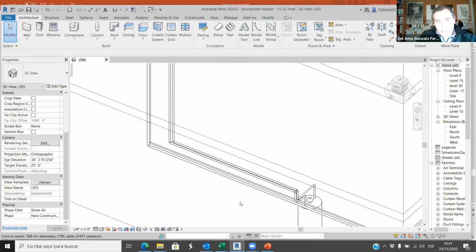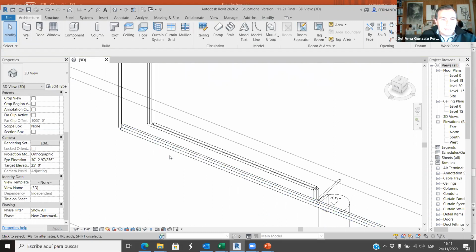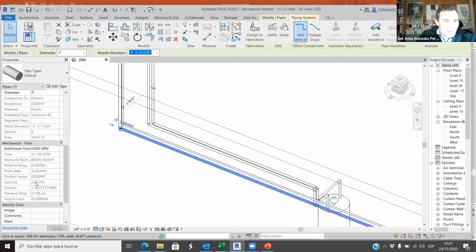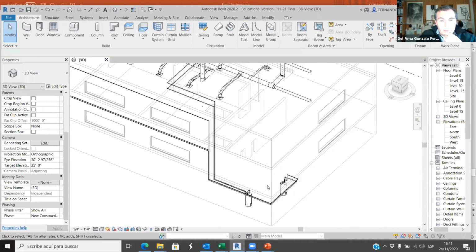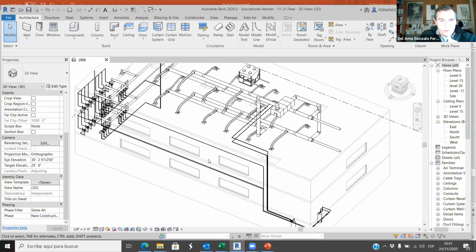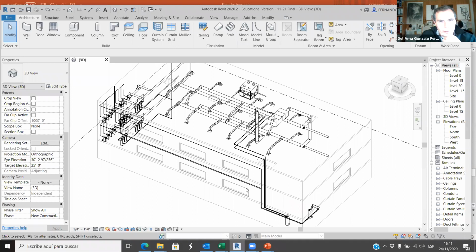When you have done this many times, you don't have to calculate anything. You just click here. What is the velocity? The velocity 25. Impossible. 2. Oh, that's fine. It's 2.6 feet per second. Okay, that's fine. But the first time you're doing this, you have to calculate it and then check. You have to check whether the velocity is reasonable or not.